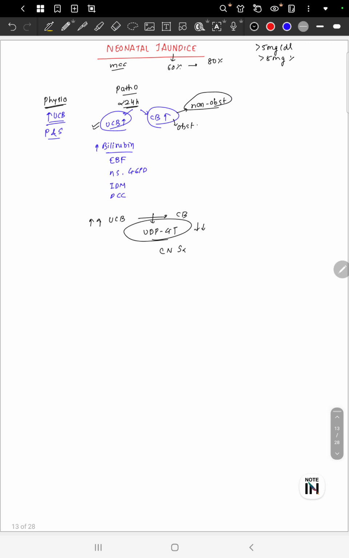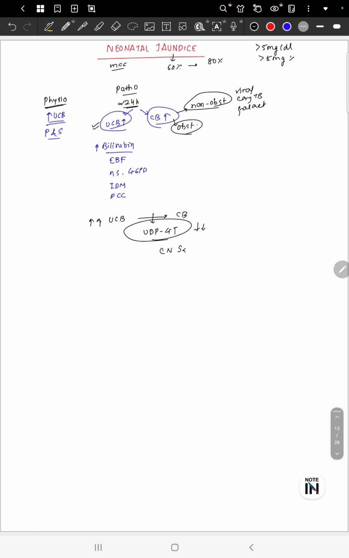What are non-obstructive causes? These are mostly viral diseases, for example hepatitis. Then congenital TB can lead to it, galactosemia, fructose metabolism disorders, and cystic fibrosis. So these are the non-obstructive causes of increase in conjugated bilirubin. Then what are the obstructive causes?